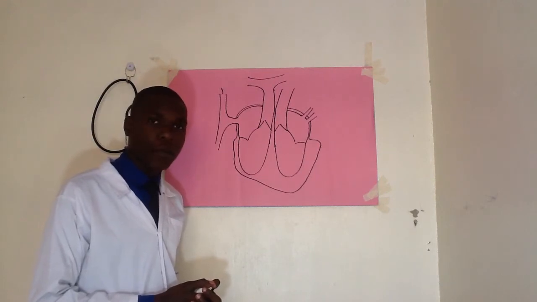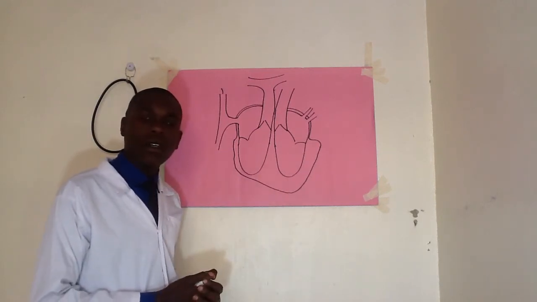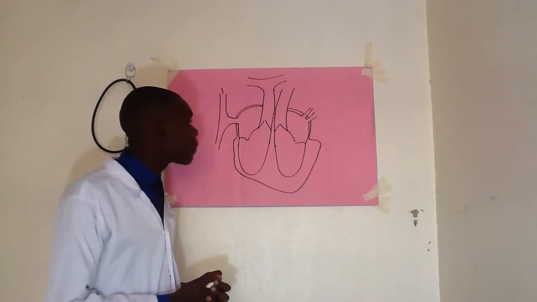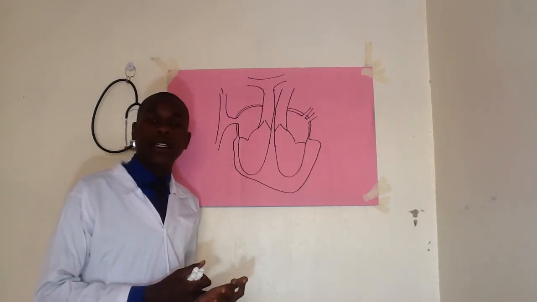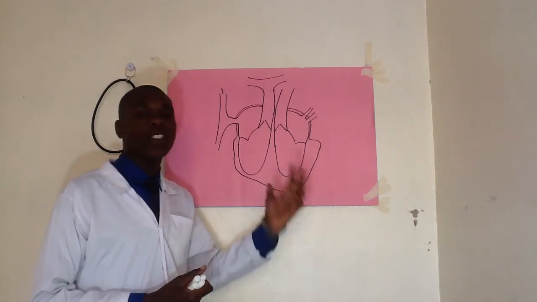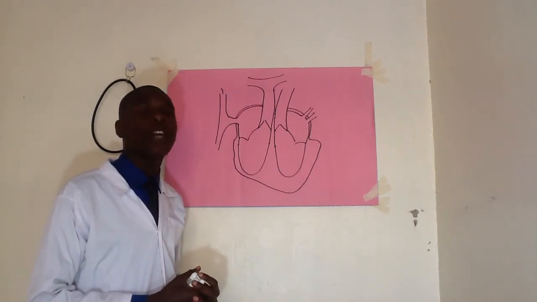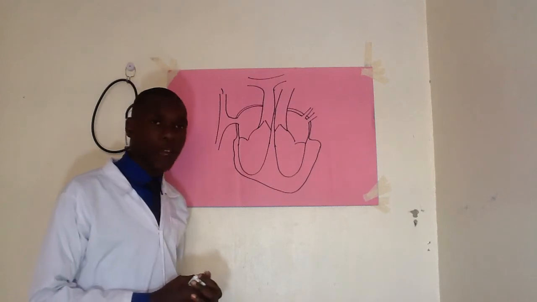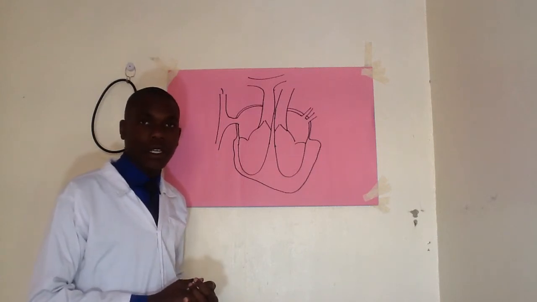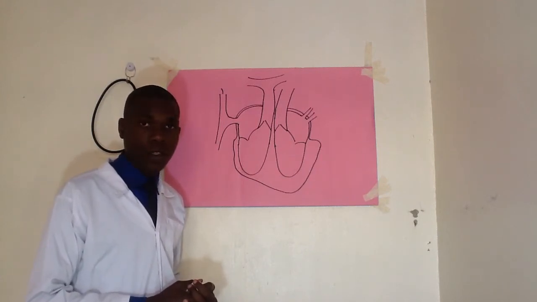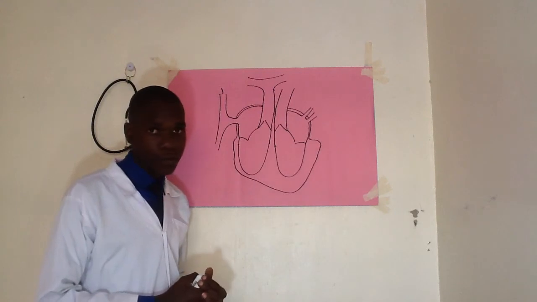So an artery is any blood vessel that transports blood away from the heart. And blood is moved towards the heart by veins. So we can probably define veins as any blood vessels that transport blood towards the heart.